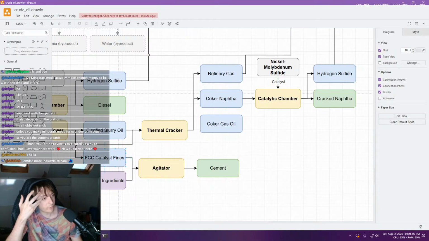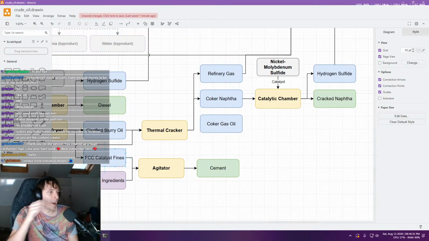So the other one is petroleum coke, and it's kind of not really useful, to be honest. It can be used in the Hall-Héroult process for aluminium, but we already have something for that, right? Which is the carbon thing.